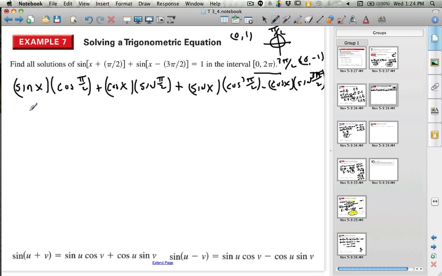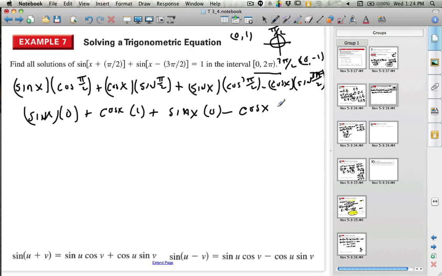So I'm going to have sine of x times 0 plus cosine of x times the sine of pi over 2, which is 1, plus the sine of x times the cosine of 3 pi over 2, which is 0, minus cosine of x times the sine of 3 pi over 2, which is negative 1.